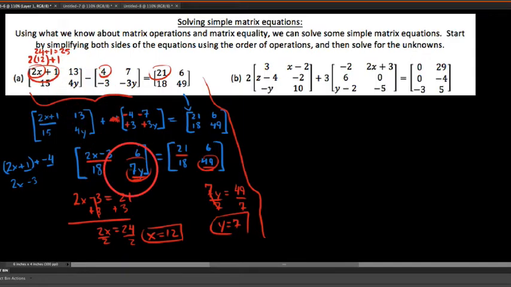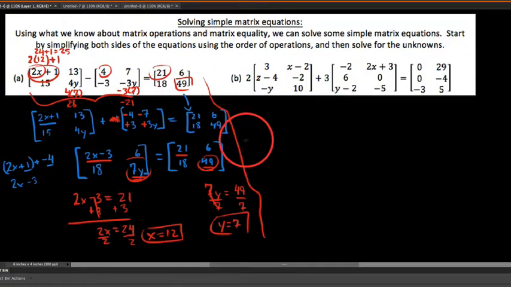Likewise, if I put 7 in for y, this was 4 times 7, so that's 28, and this was negative 3 times 7, so that's negative 21. If I take 28 and subtract a negative 21, which is adding a positive 21, 28 plus 21 is 49. So these do indeed work.